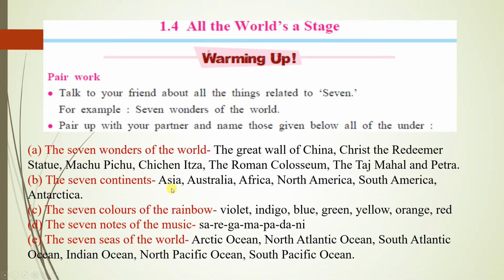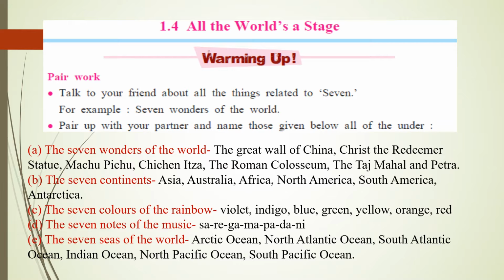Seven continents: Asia, Australia, Africa, North America, South America and Antarctica. So this is all about our general knowledge. The seven colors of the rainbow: violet, indigo, blue, green, yellow, orange, red. Seven notes of music: sa re ga ma pa dha ni.